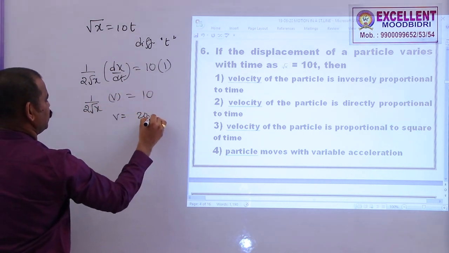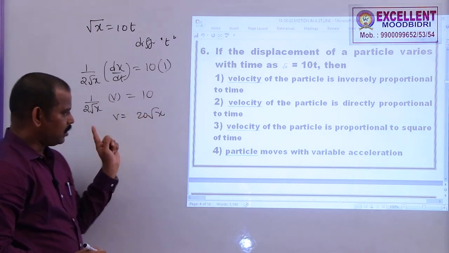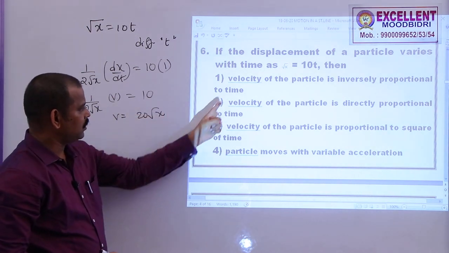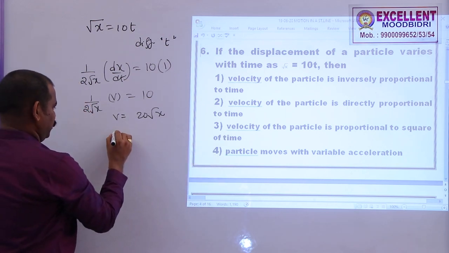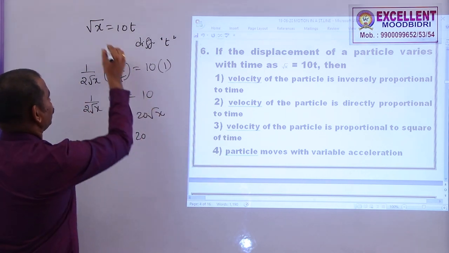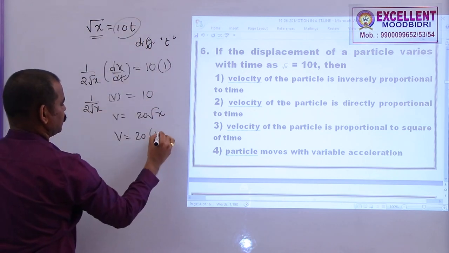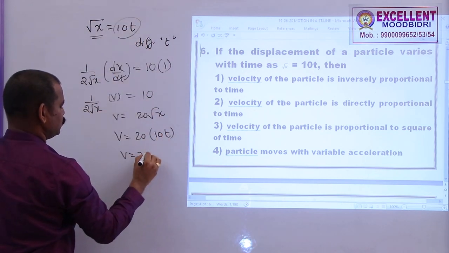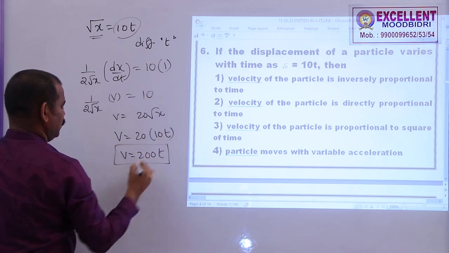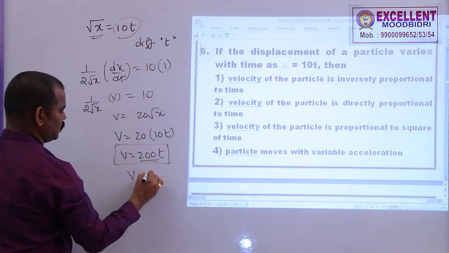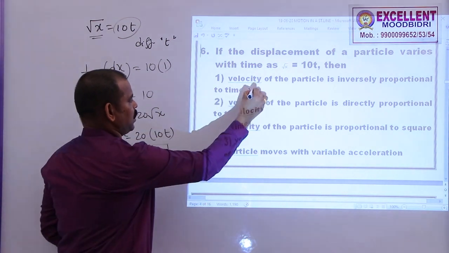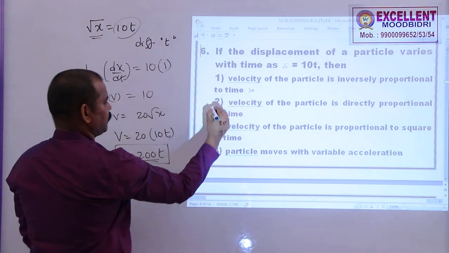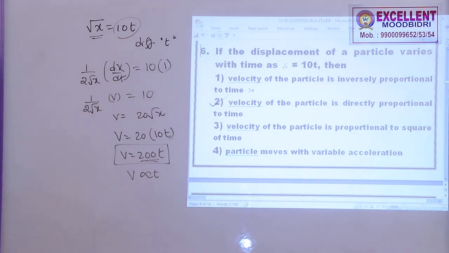So velocity is equal to 20 root x. Now I have the relation between velocity and displacement, but they are asking for velocity and time. So now you can write v is equal to 20 root x, and we know root x is 10t. So velocity is equal to 200t. Here 200 is constant, so velocity is directly proportional to time. Velocity of particle inversely proportional to time is wrong. Velocity of particle directly proportional to time, so this option is correct.